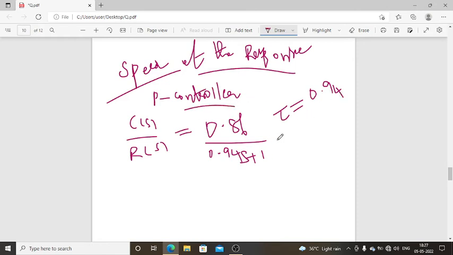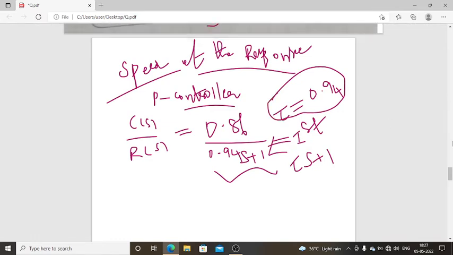This is the first order control system. How does 0.94 come? The general first order control system is tau s plus 1, right? So the tau value is 0.94. Okay, this is the P controller.